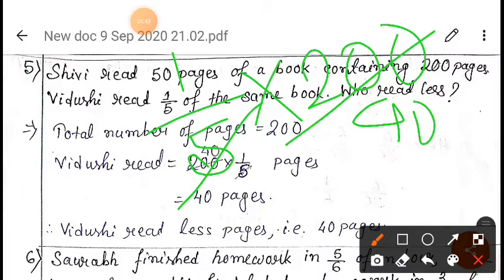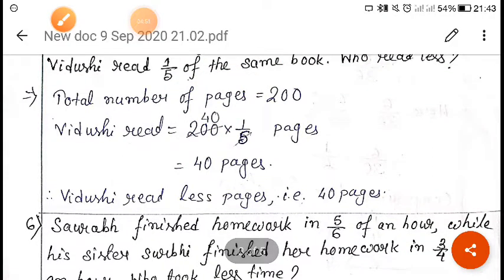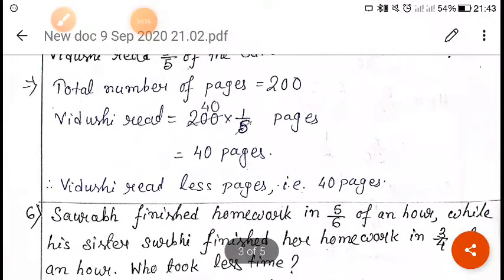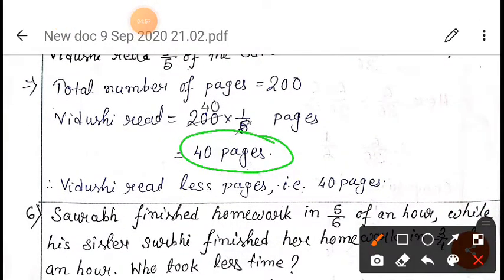So Vidishi has read 40 pages. So which one is bigger, 40 or 50?